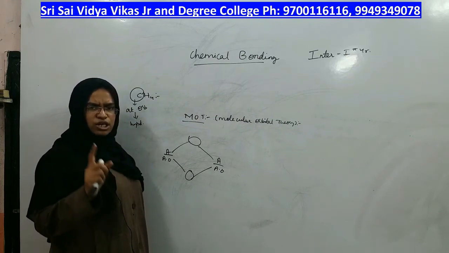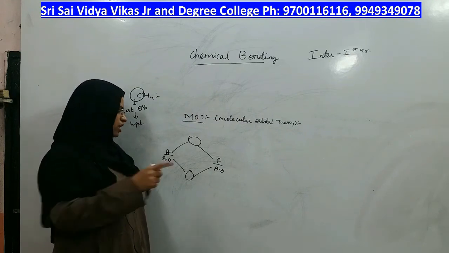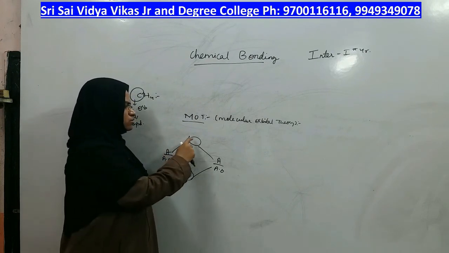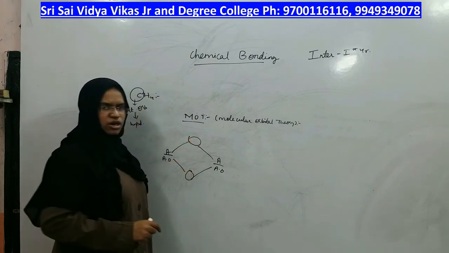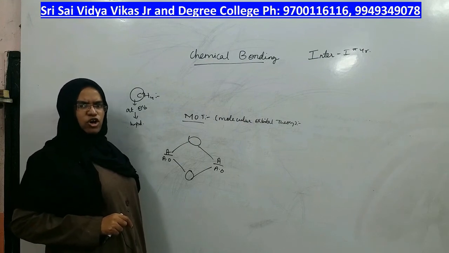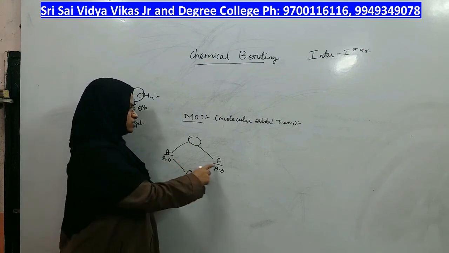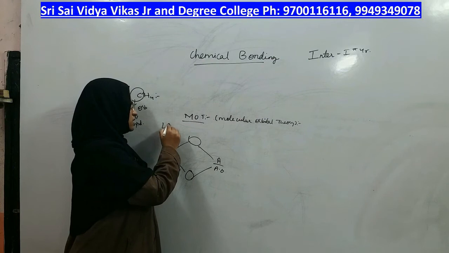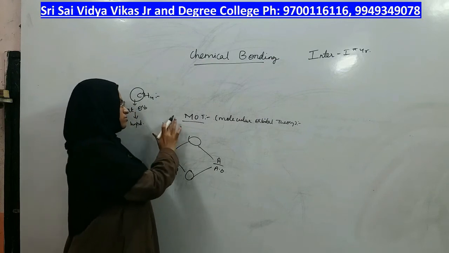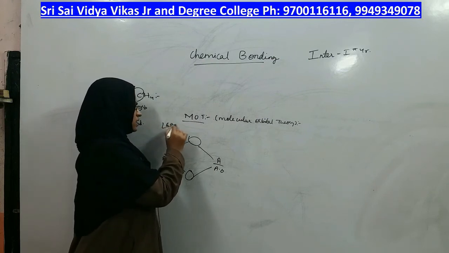So once the molecule is formed, you should not see the atomic orbitals, you should only see molecular orbitals, which are formed by linear combination of atomic orbitals, and we call it LCAO.